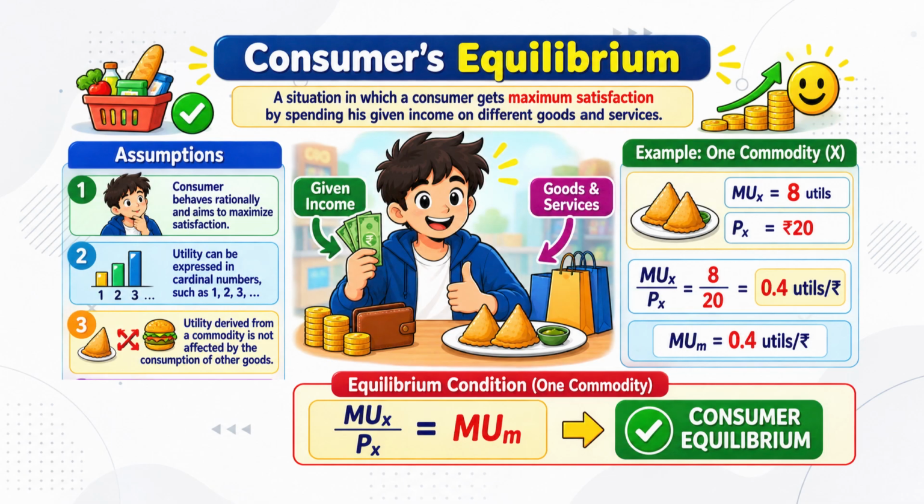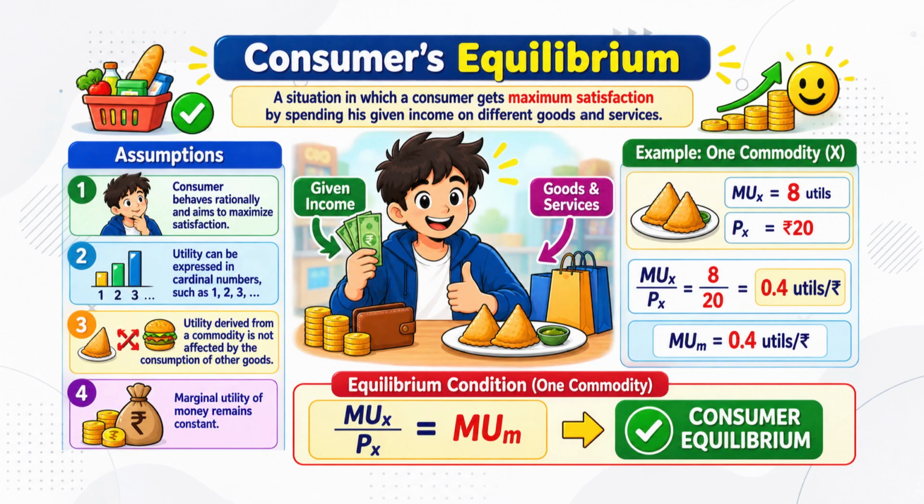Utility derived from a commodity is not affected by the consumption of other goods. 4. Marginal utility of money remains constant. Finally, let us look at equilibrium in the case of one commodity, say commodity X. Consumer equilibrium is reached when marginal utility of commodity X divided by the price of commodity X is equal to the marginal utility of money.